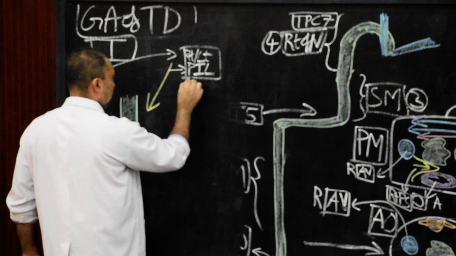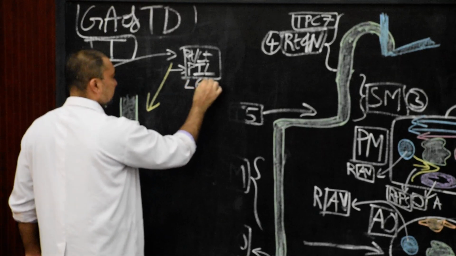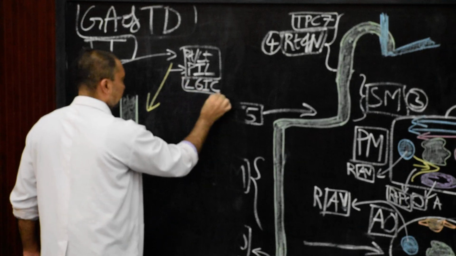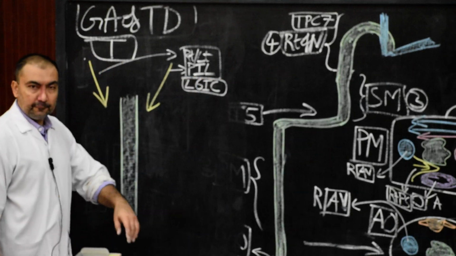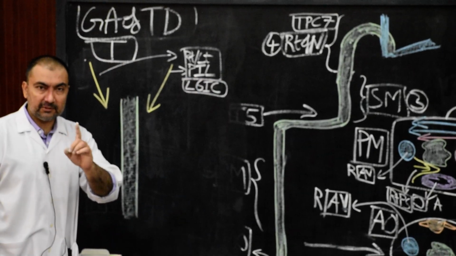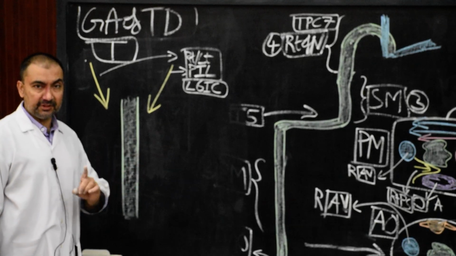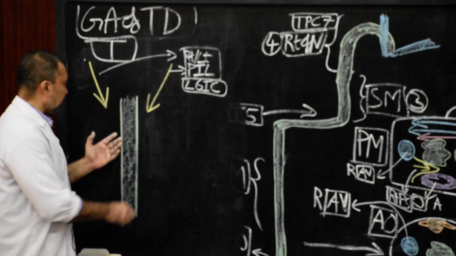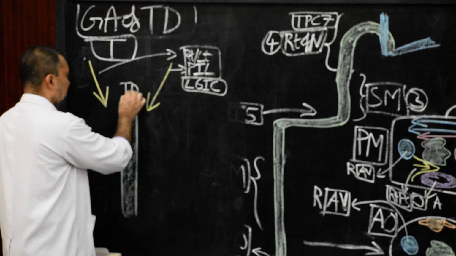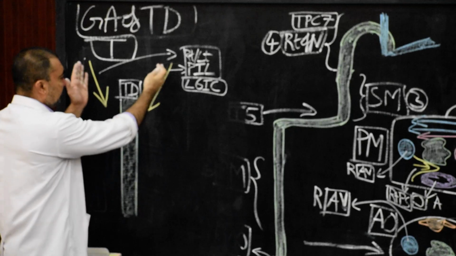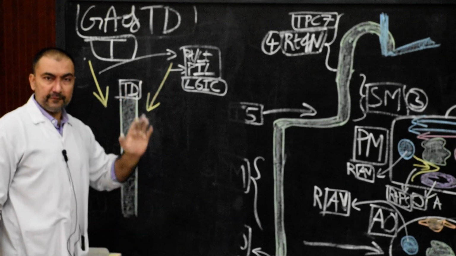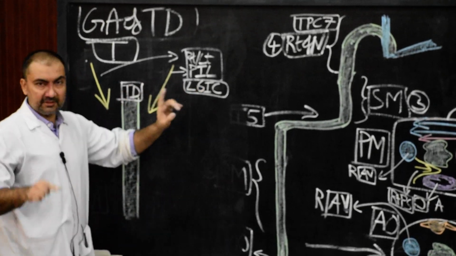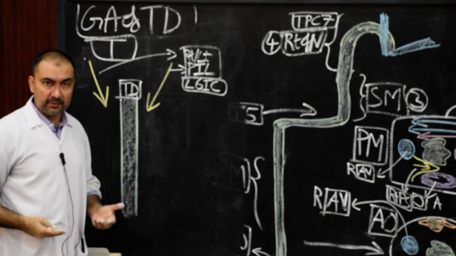So please note down the lower 6 intercostal spaces. This is very important. This is also asked in MCQs so many times as a 1 mark question. The first set of tributaries of the thoracic duct will be the right and left posterior intercostal lymphatic channels from the lower 6 thoracic intercostal spaces.